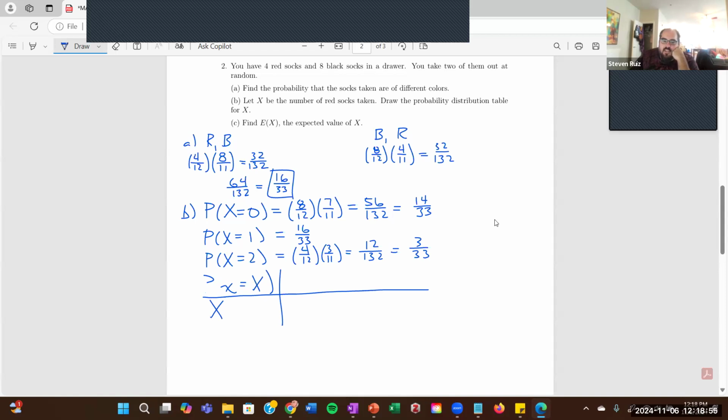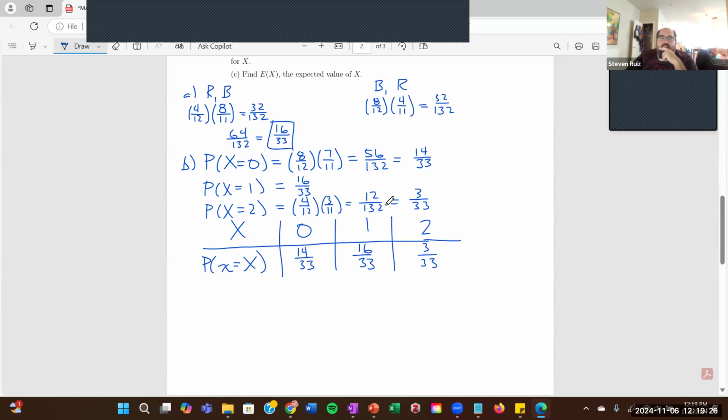I'm realizing how strange it is to have these rows reversed. 0, 1, 2. Also, while I'm doing this, I suspect that many of you are going to be more comfortable dealing with the decimals. That's totally fine. Okay, here's my probability distribution.